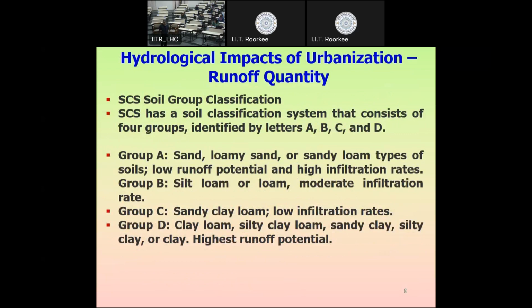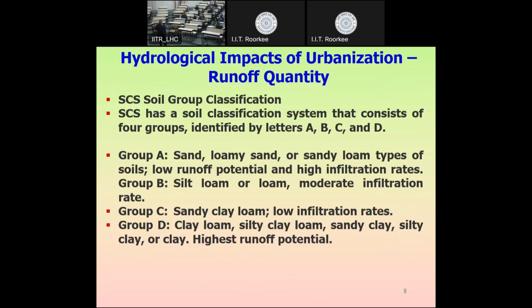Another important thing for SCS is what is called soil classification. To determine runoff, we also need to know what kind of soils are present in the catchment. SCS has provision for 4 types of soils: group A, B, C, and D. The characteristics of all these soils are written here very briefly.